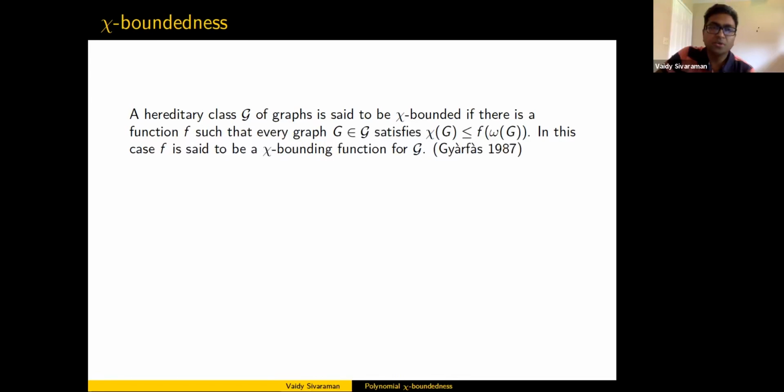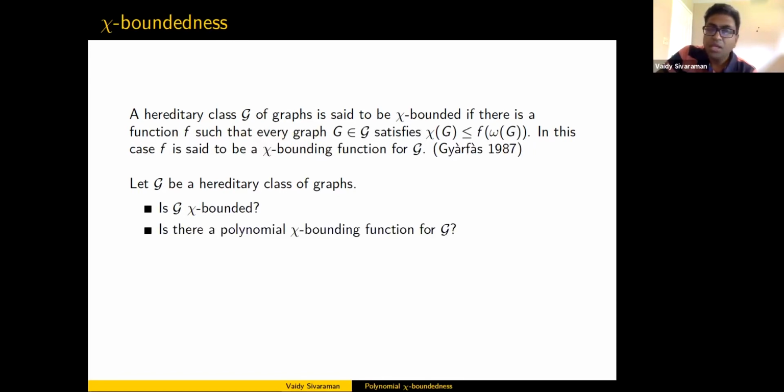And this turns out to be a good notion. And he posed 4 problems for a general hereditary class of graphs. Suppose somebody gives you a hereditary class of graphs. Is it chi-bounded? And is there a polynomial function? So here, f is just any function, but for approximation algorithms and a lot of things, we are interested in a polynomial chi-bounding function, if there is one.